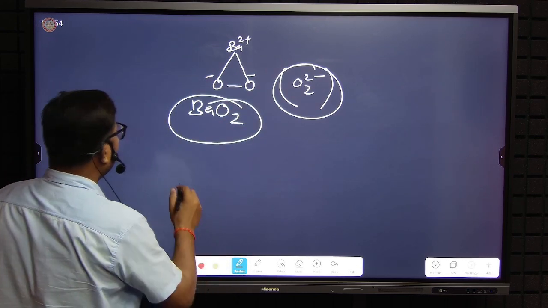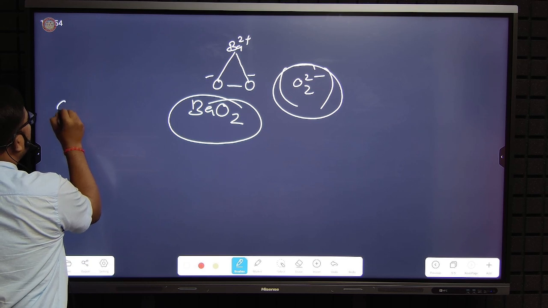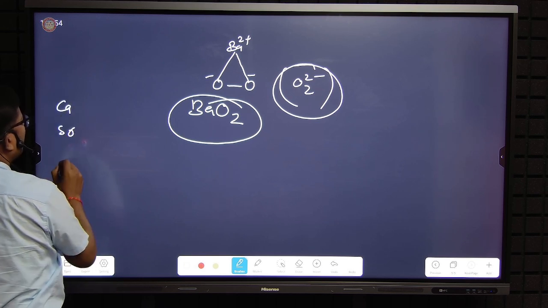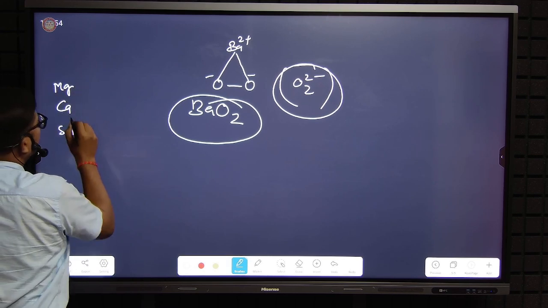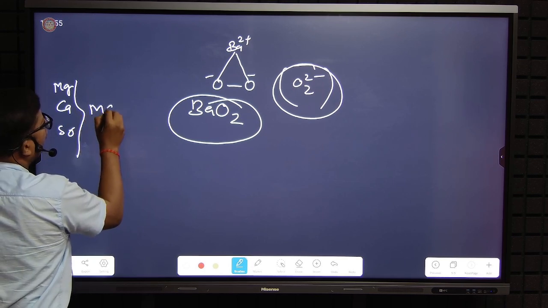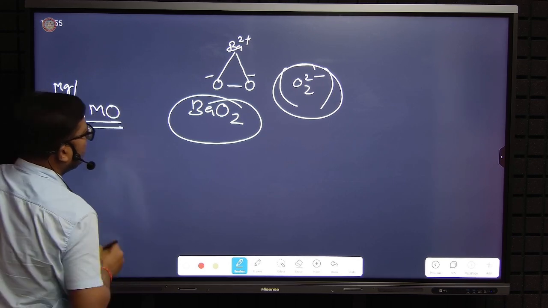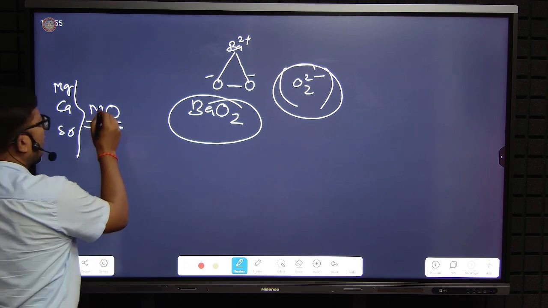And the rest of the metals like calcium, strontium, and magnesium form MO, metal oxides. So what is the situation here?